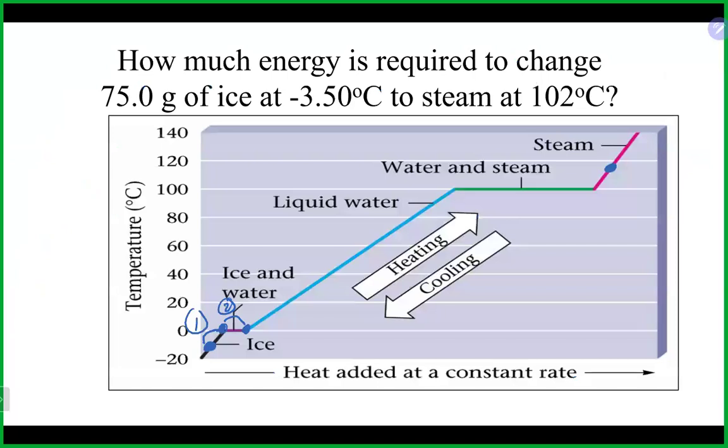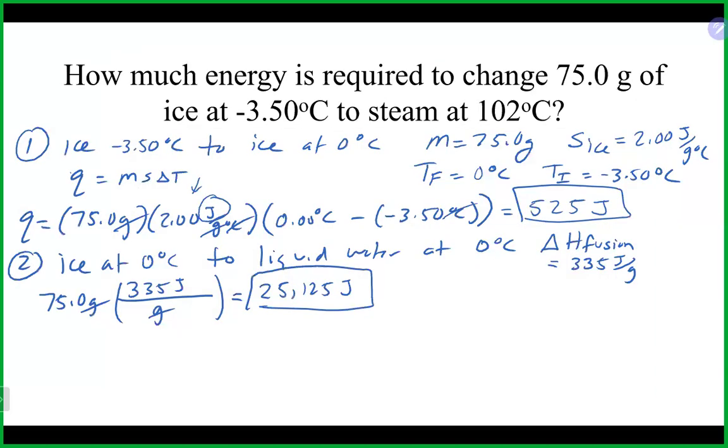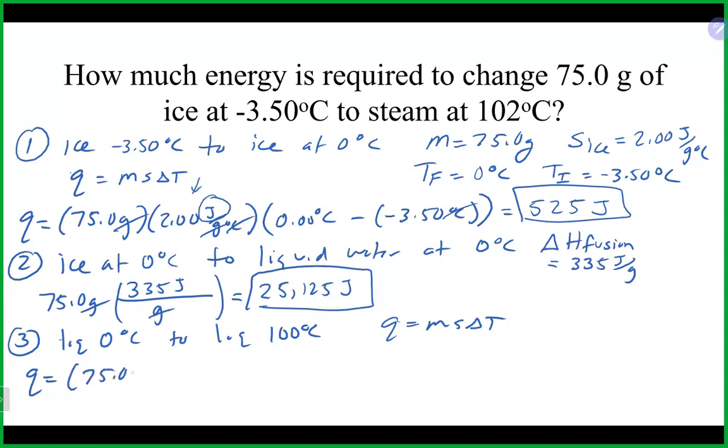The next thing that's going to happen is I am sitting here now at liquid water at 0 degrees. I'm going to take it all the way up to liquid water at 100 degrees. So the next step would be liquid water at 0 degrees to liquid water at 100 degrees Celsius. That again is the same phase, but we're changing the temperature. So Q will equal our ms delta T. Here the mass is still 75 grams.